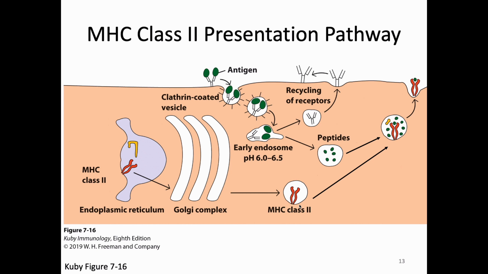So this is a figure that is adapted from one from your textbook. And you can see the biosynthesis of MHC Class II. It's biosynthesized in the ER because it's a transmembrane protein.